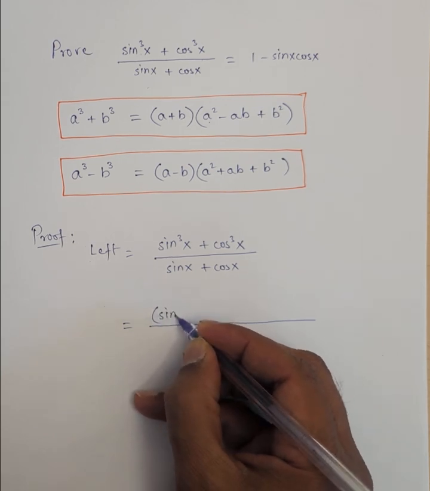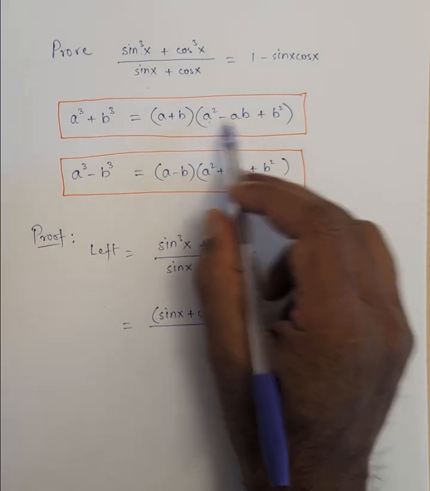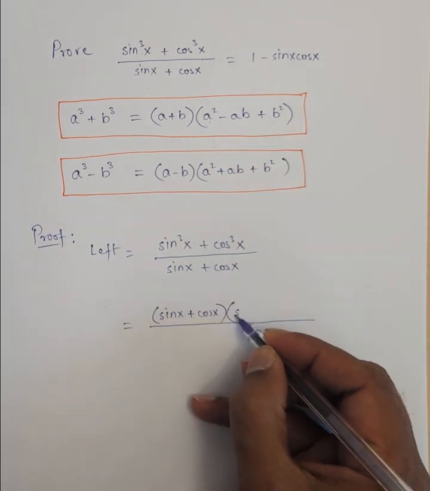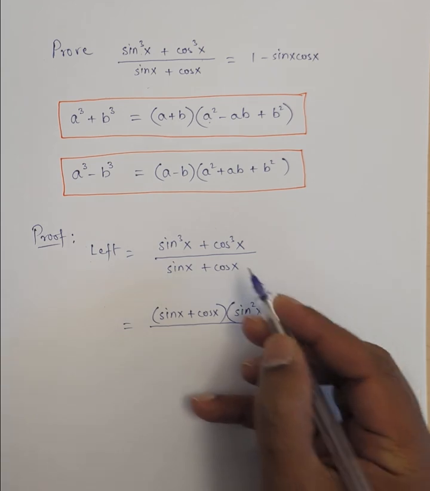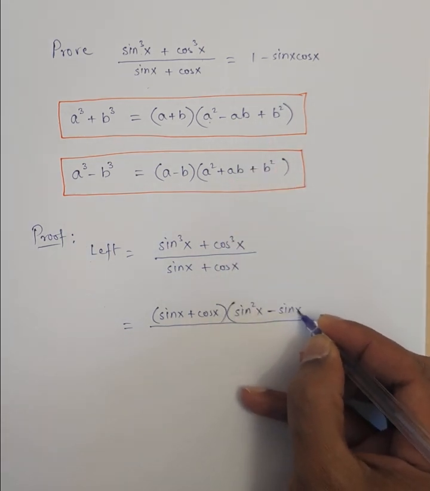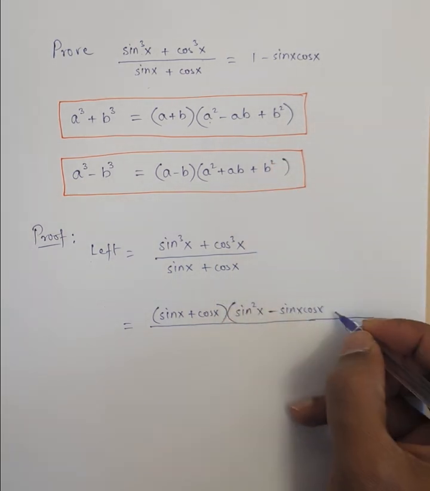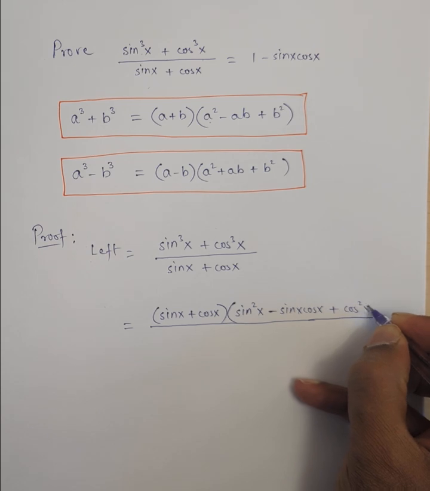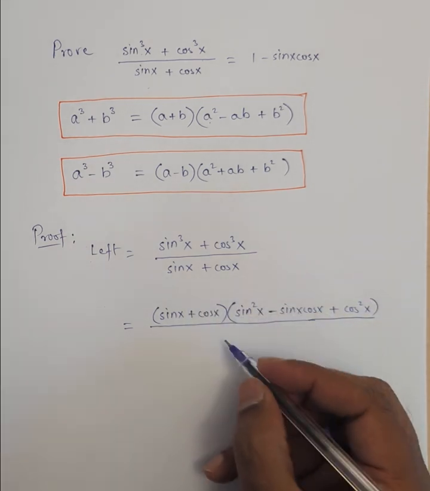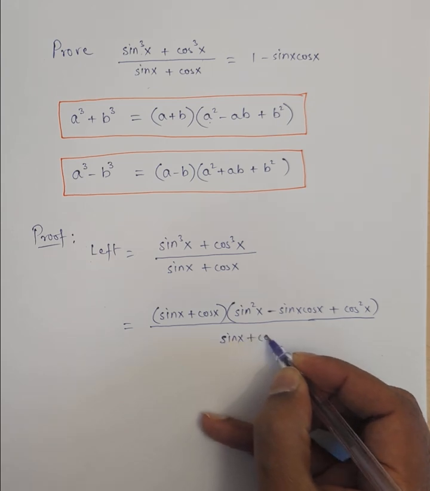So I have sine x plus cos x, and then there is a trinomial factor. A square is sine square x, minus ab is sine x cos x, plus b square is cos square x. And the denominator is just sine x plus cos x.